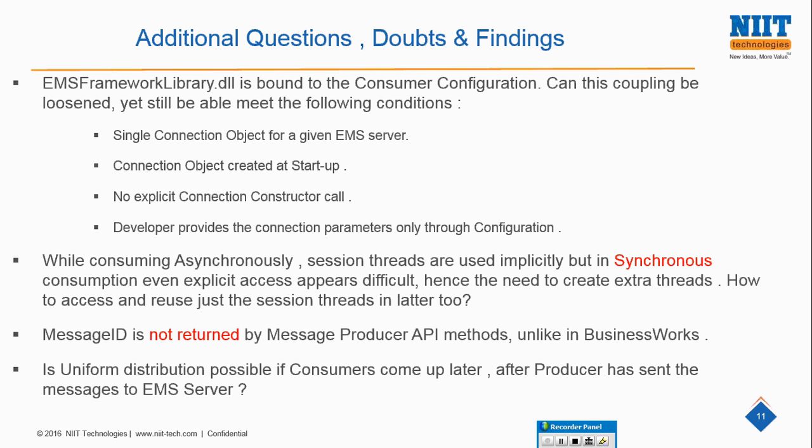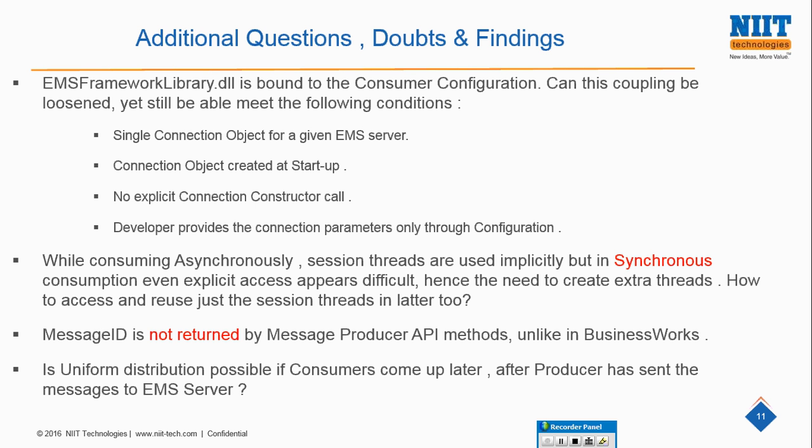Okay, so if in a loop I'm able to create 5 sessions, that means 5 threads are also created. How do I access those session threads? That's a big question I have in my mind.